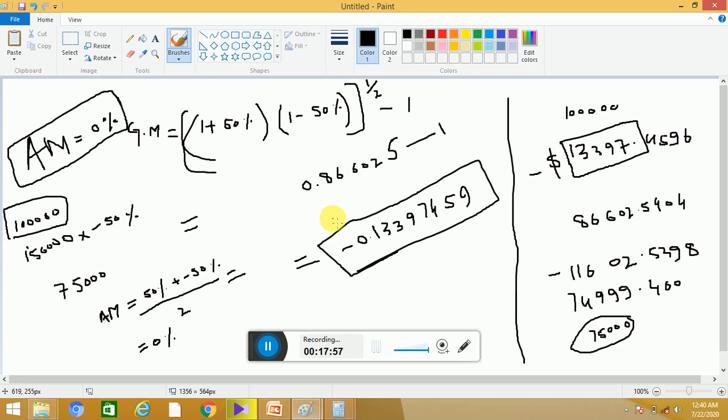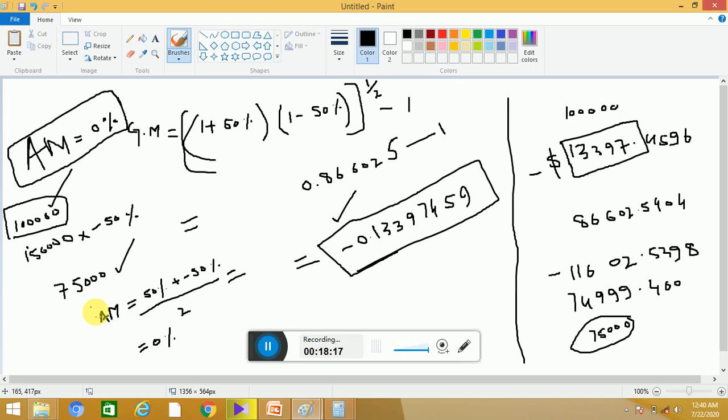But actually there is a loss. Our amount was 100,000, it becomes 75,000. So there is a 25% loss.